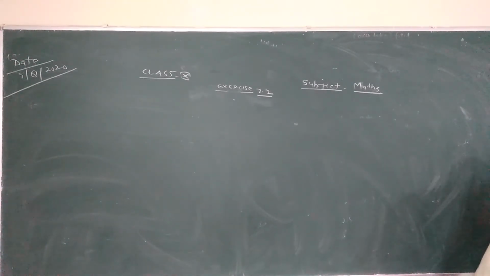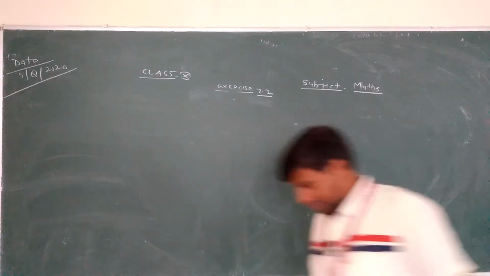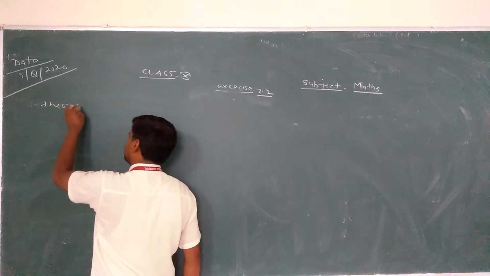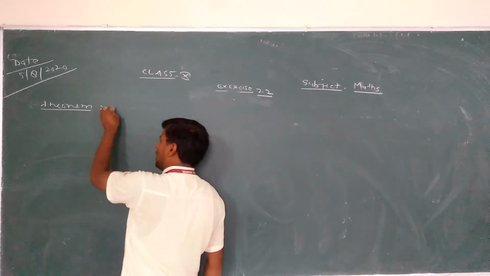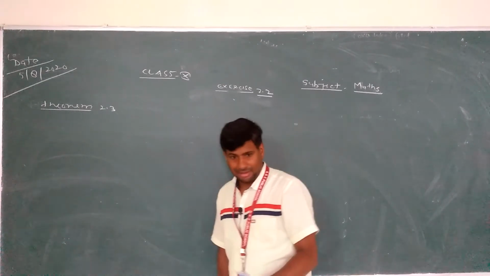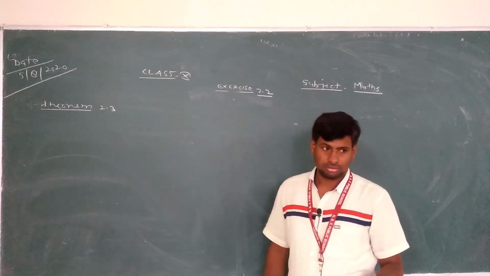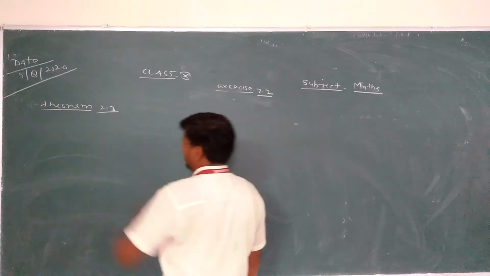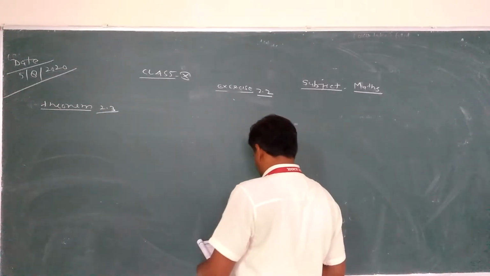We can discuss theorem 2.3. Let's see. Theorem 2.1 Euclid division lemma, 2.2 fundamental theorem of arithmetic, and this theorem that is 2.3. Most important theorem. What is the theorem?